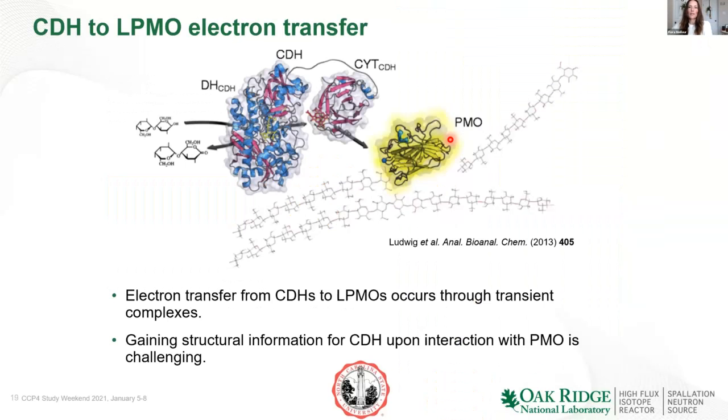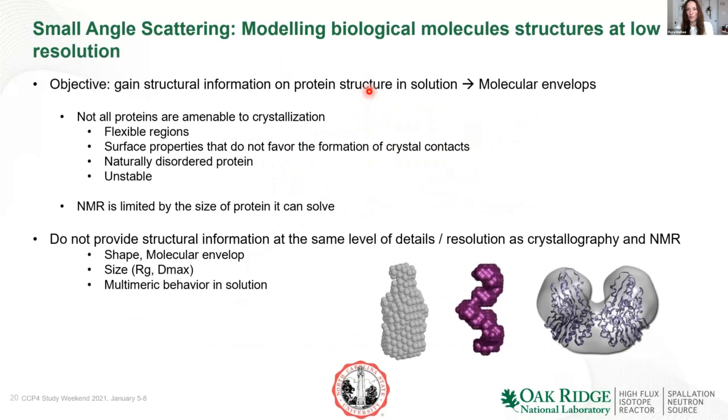I just want to mention, we've looked at LPMO using crystallography, high resolution structure. What we're also interested to probe is its redox partner and how electrons are transferred to LPMO. This redox partner is a 2-domain protein with a long flexible linker, difficult to study by X-ray crystallography. So we are using small angle scattering.